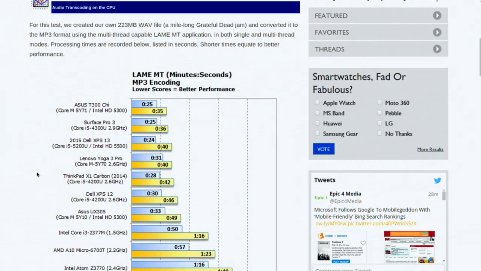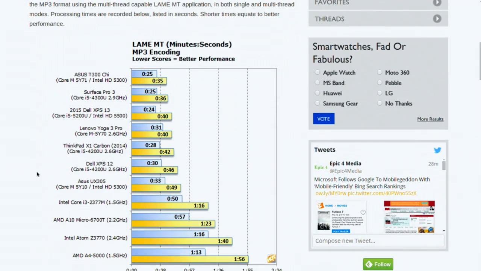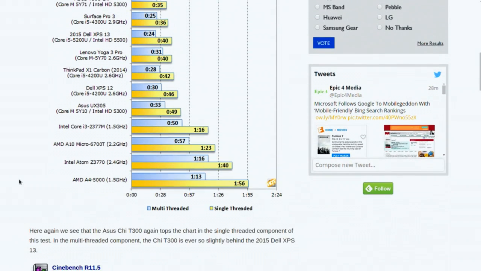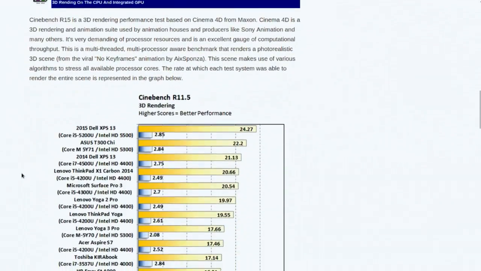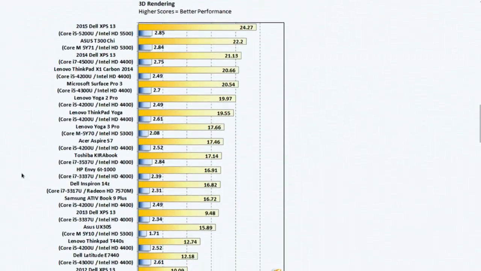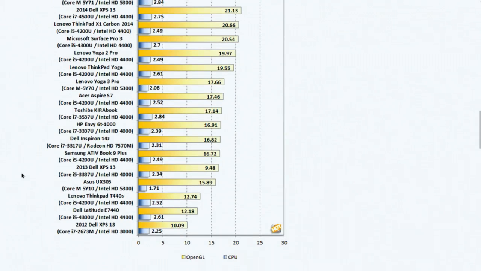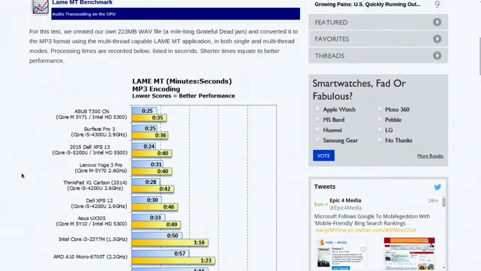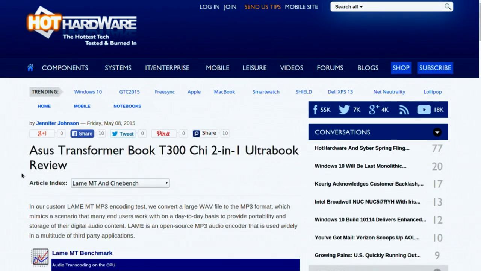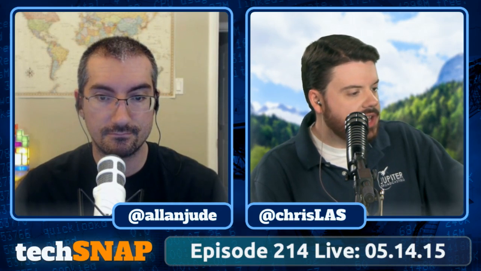But they show that it can actually keep up even with a Core i5 processor in a laptop. Now, low power, but it uses only like 4.5 watts. So the power envelope of an Atom with the performance of a Core i5. Way to go. Yeah. And it has the HD 5300. So that is a CPU to look for. And that was in a review of the Asus Transformer Book T300, which looks like kind of a nice rig.